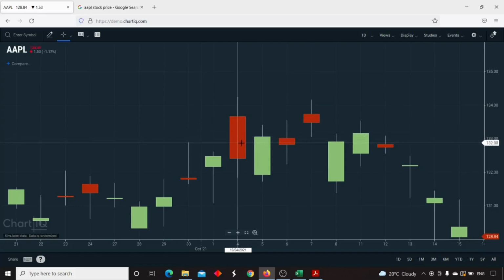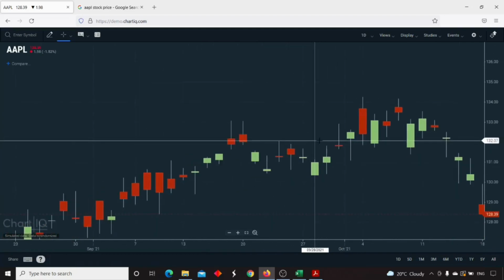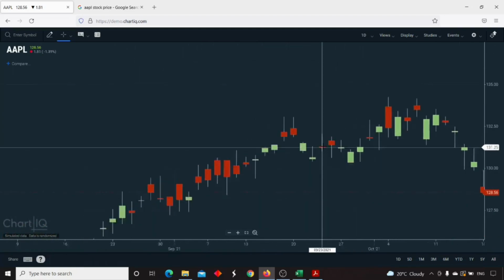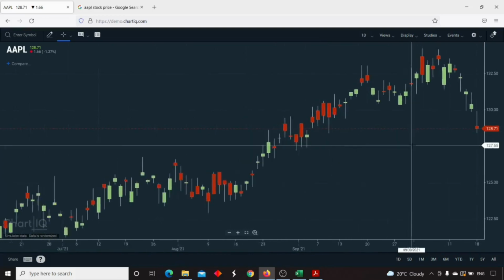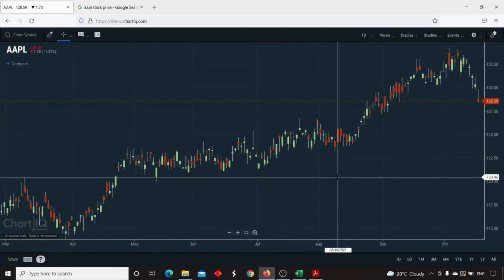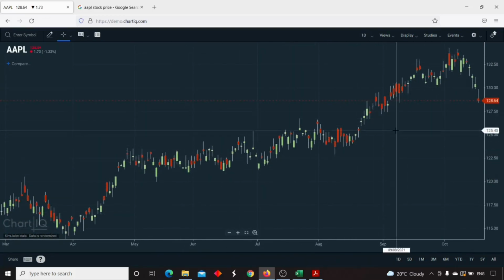So the stock became bearish, came all the way around to this point, 131.85, and then finally closed at 132.4, making a red candle. So this is an example of a chart and several candlesticks. Now we will be discussing in detail about these candlesticks going forward.